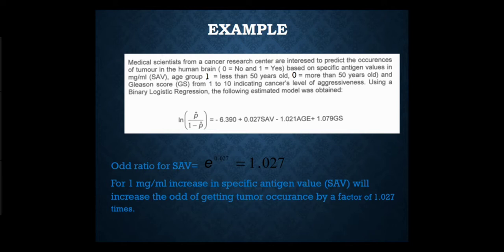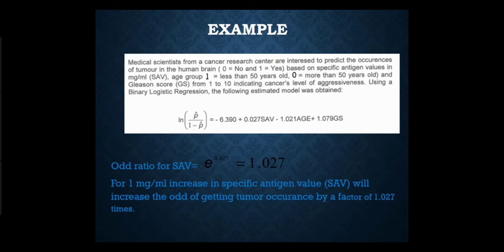Okay, so for this case study, Y is the occurrence of the brain tumor. We want to predict the occurrence of the brain tumor, whether the tumor occurs or does not occur. So 0 and 1. Okay, because of that, we can proceed with binary logistic regression.